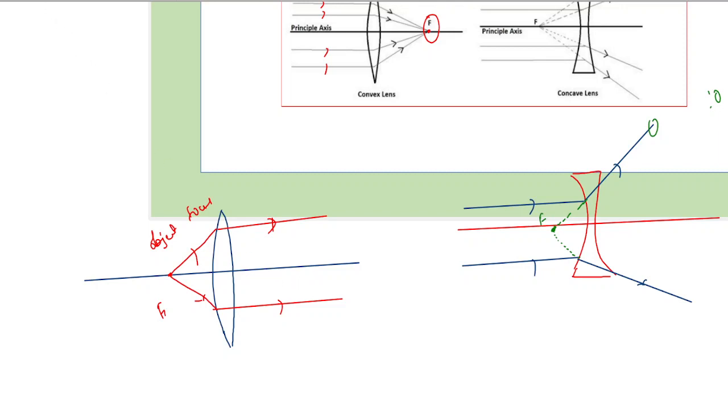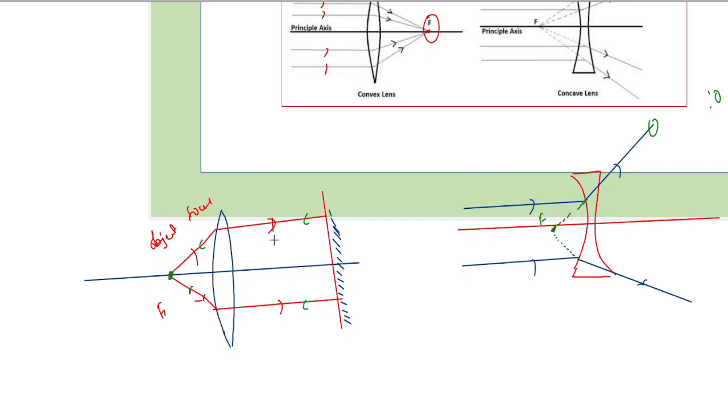To understand this, imagine we place a plane mirror in front of this lens. Then, by the principle of reversibility of light, these light rays would be reflected back, trace the direction back and go to the object only.